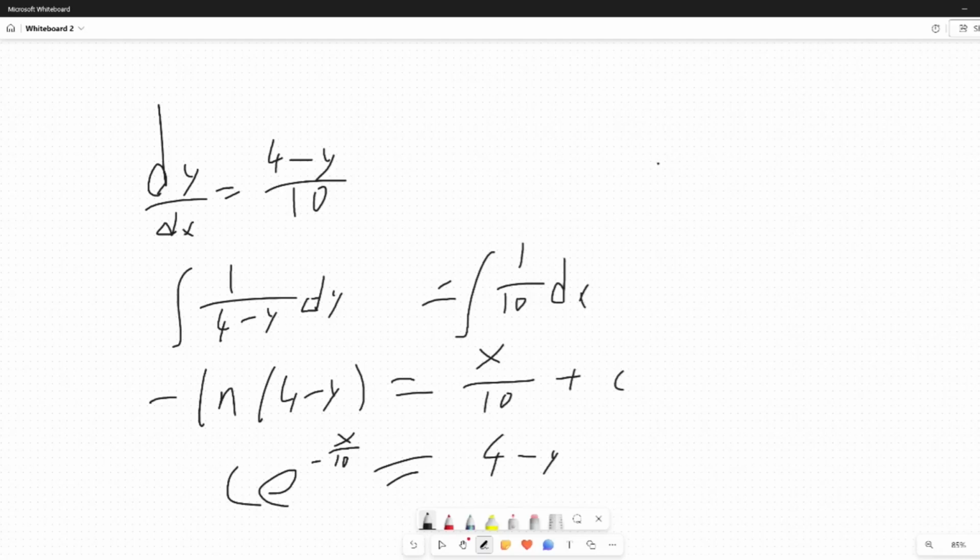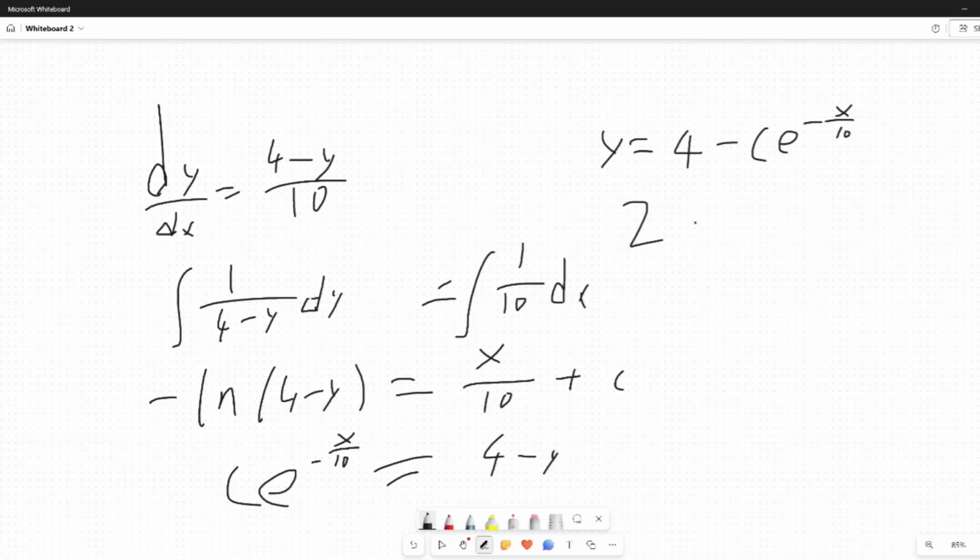That is important because we can apply that here when we solve for the equation. So let me simplify the equation one more step. Actually, that might be easier for us to visualize. So y equals 4 minus ce to the negative x over 10. Yeah, there we go. And now let's solve for the c. Actually, where did I get negative from? Hold on. Might have made a computational mistake.